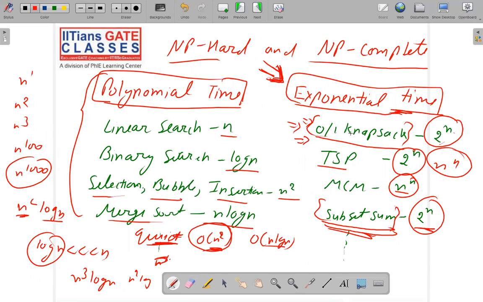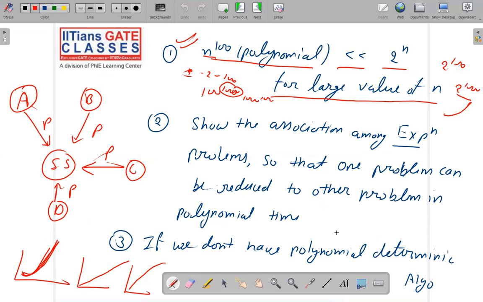They are not going to solve every variation of 0-1 knapsack, and they are not going to solve 0-1 knapsack and TSP separately, and matrix multiplication separately, and subset sum separately. So the idea is, there must be some association. The researchers generally associate these exponential time algorithms to each other.